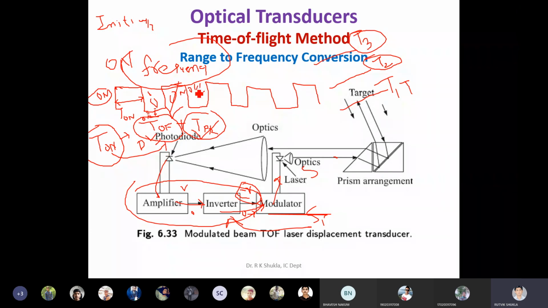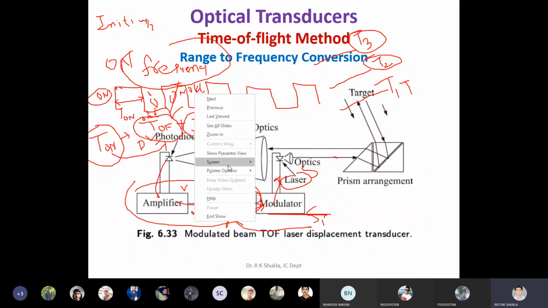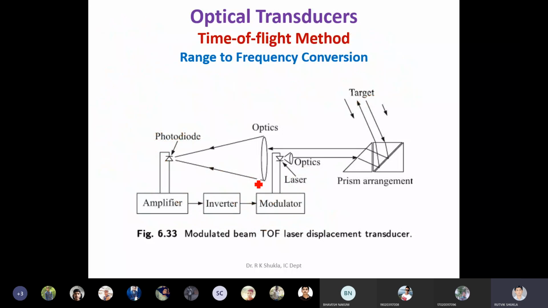So this is the method in which the frequency with which the laser diode turns on and gets turned off is related to the time of flight. It means by measuring this frequency, you can correlate the distance, the displacement of the target with respect to your transducer. Clear? I hope everyone understood this whole principle. If anyone has confusion, they can ask.